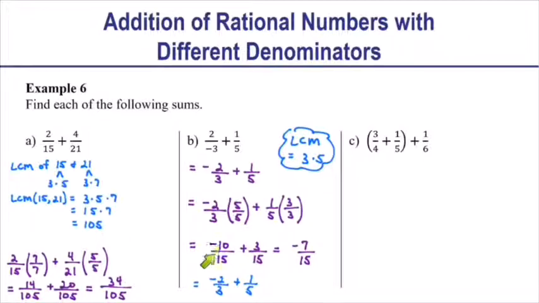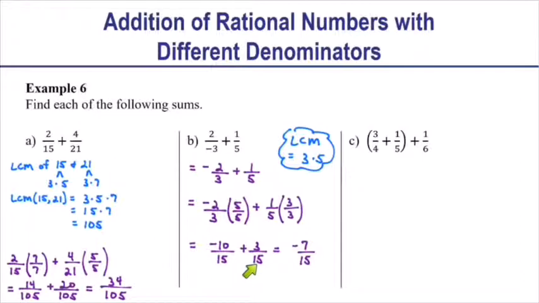So you might point out to your students sometimes that yes, these fractions can be simplified. Of course they can be simplified because we just unsimplified them on purpose. This was a simplified fraction when we found it, but we unsimplified it on purpose so that we could have like denominators.